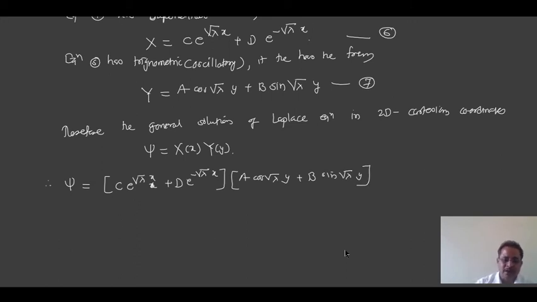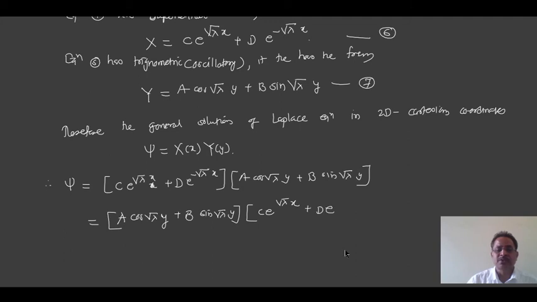Or you can arrange the order, because we need the constants a, b, c, d in order. So just replace the terms: a times cosine of root lambda into y plus b times sine of root lambda into y, multiplied by c times e raised to root lambda into x plus d times e raised to minus root lambda into x.